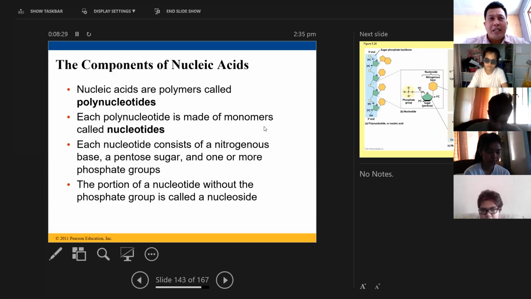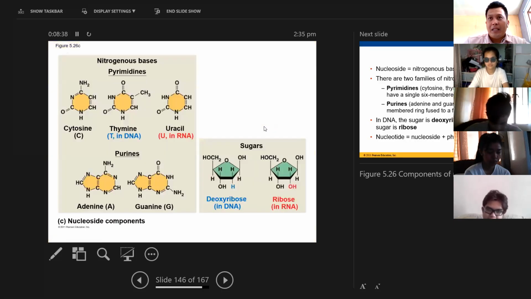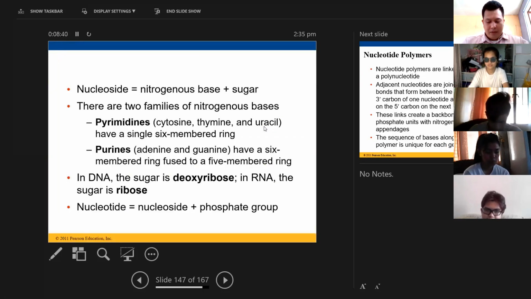The four nitrogenous bases are adenine, thymine, guanine, and cytosine, but in the RNA you have uracil. We will rediscuss this as soon as we have the discussion on protein synthesis.